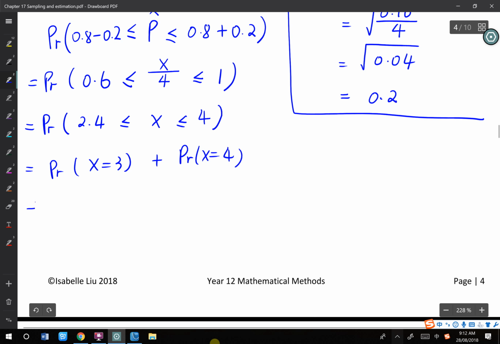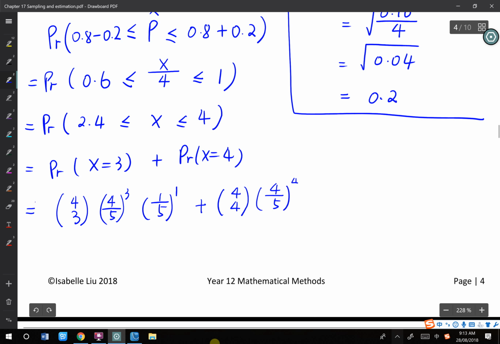So that equals 4 choose 3, 0.8, and what's 0.8? That's 4 over 5, to the power of 3 and 1 over 5 to the power of 1, plus 4 choose 4, 4 over 5 to the power of 4 and 1 over 5 to the power of 0.